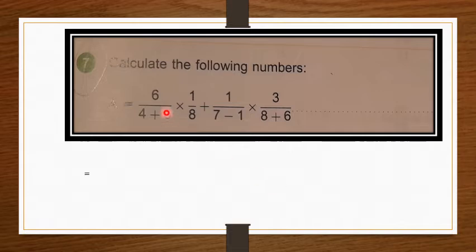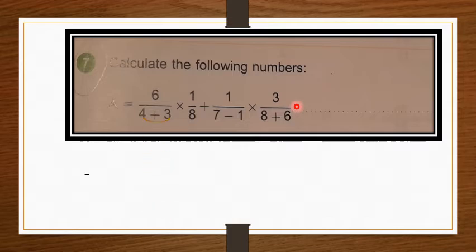The first one, calculate (6 over 4 plus 3) times (1 over 8 plus 1) over (7 minus 1) times (3 over 8 plus 16). The first step is to solve these addition and subtraction expressions in order to have a normal fraction.